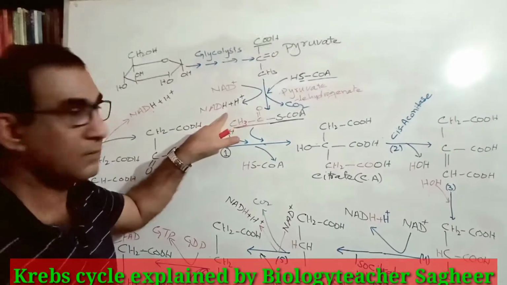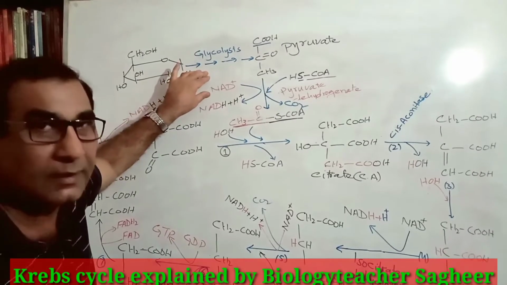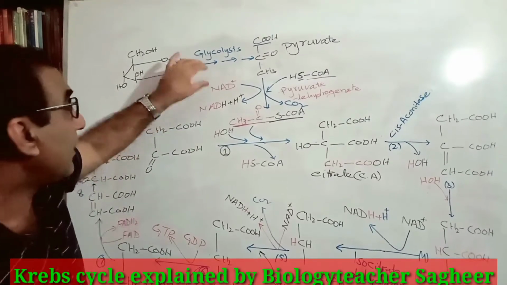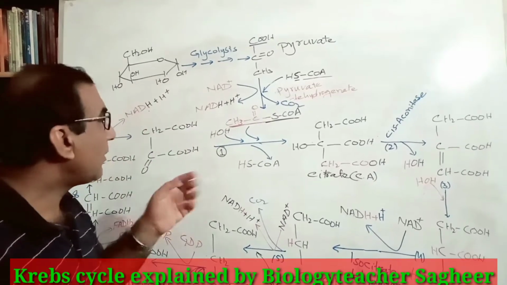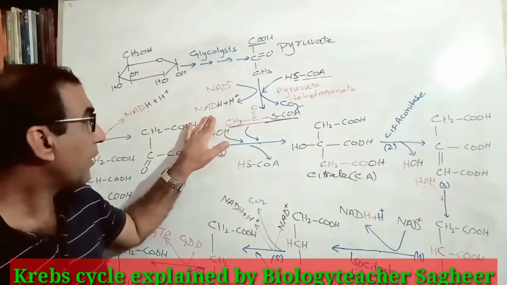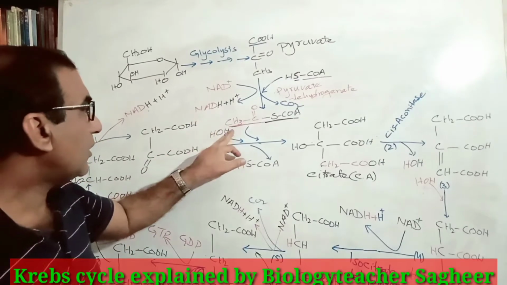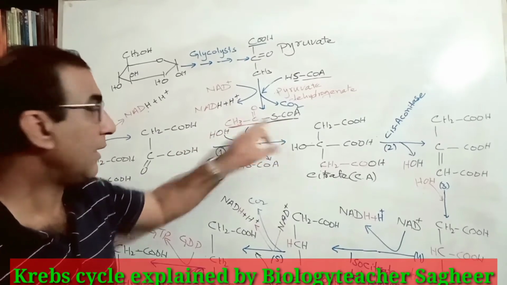This hydrogen goes here, so nicotinamide adenine dinucleotide is reduced. The oxidized form of nicotinamide adenine dinucleotide is reduced. And what is formed? Acetyl-CoA.